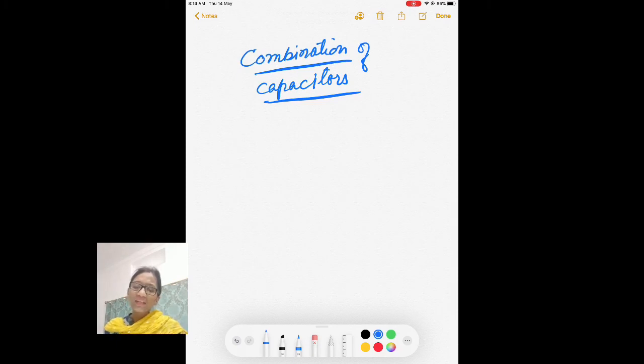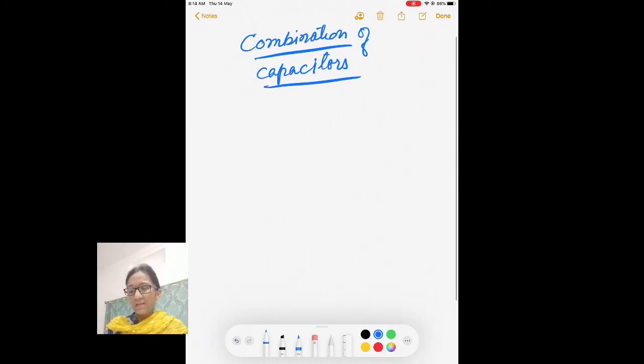The combination of capacitors can be there in two ways. First way is called series combination of capacitors.